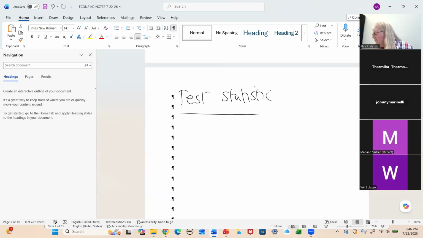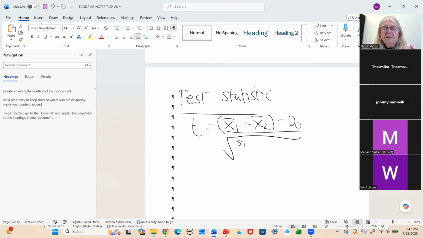Now this is the one, mind you, in a second. Yeah, it looks a little strange, but S1 squared, S2 squared, over N1, N2. This is 0 in this case.